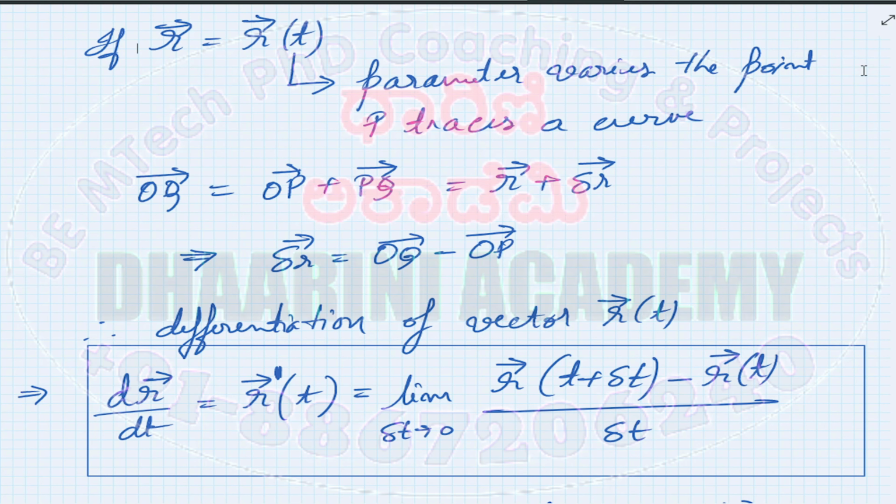It's a vector. So limit delta t tending to 0, the change in the time interval, you reduce it to 0, and you calculate the difference r of t plus delta t minus r of t, whole divided by delta t.